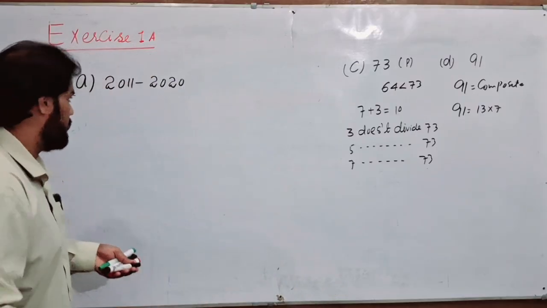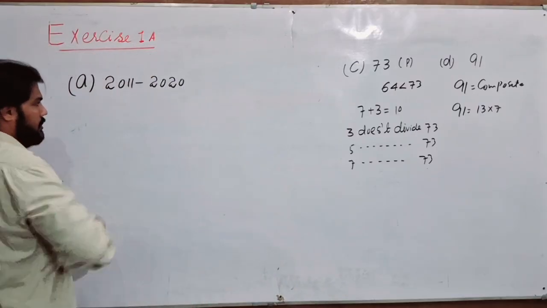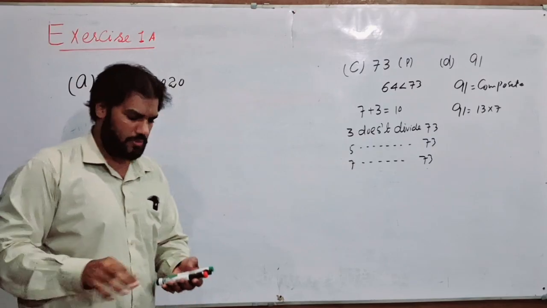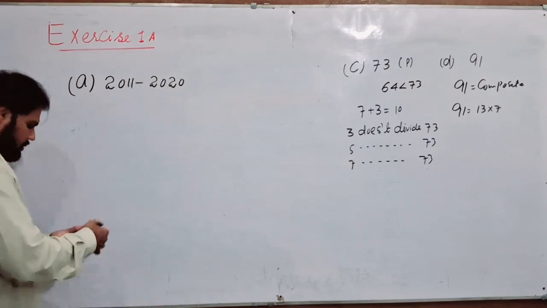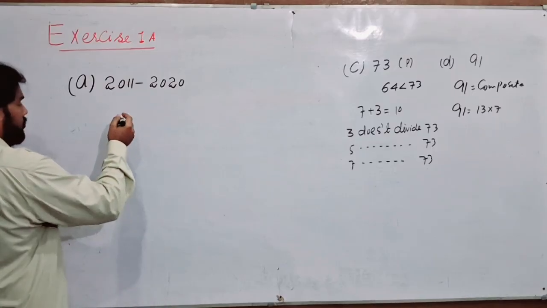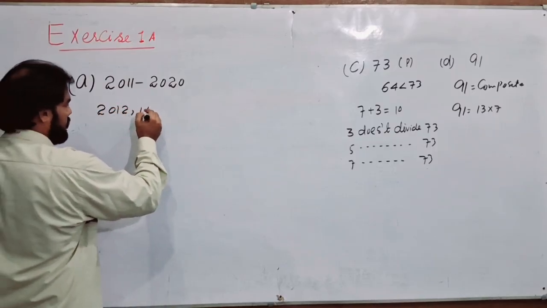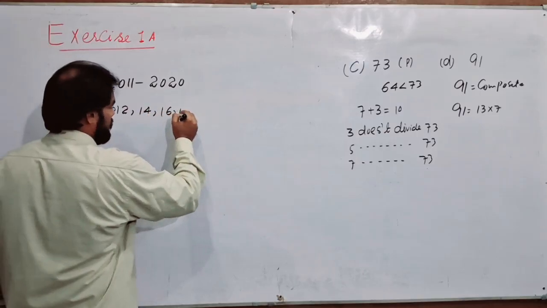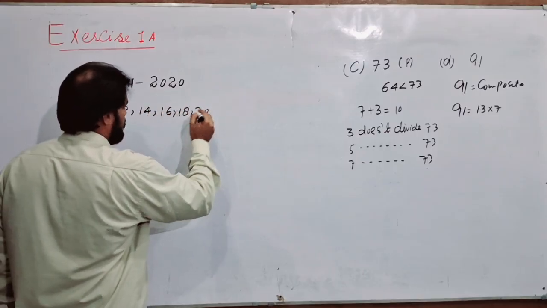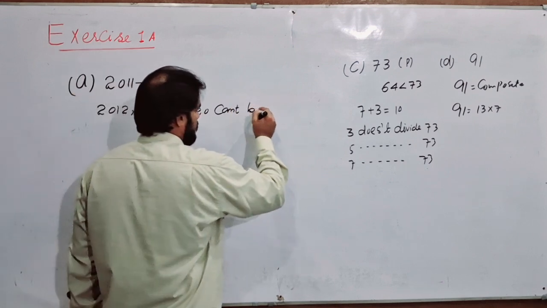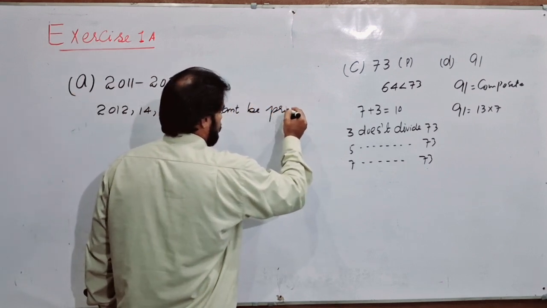So now we check which of these is a prime number. Clearly, all of the even numbers cannot be prime numbers. So remove all of the even numbers. So 2012, 2014, 2016, 2018, 2020 cannot be prime.